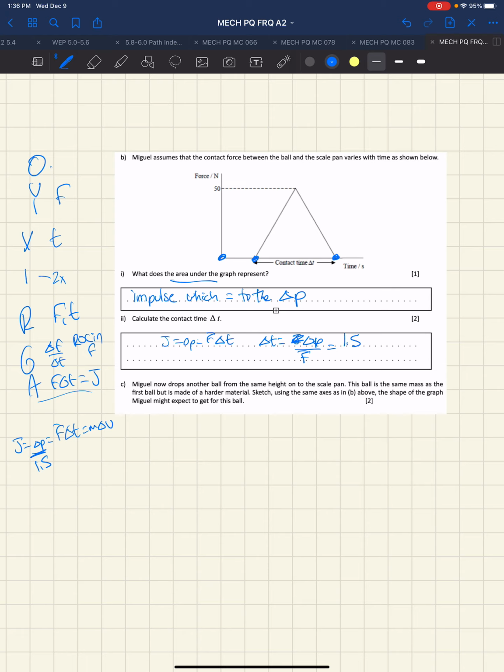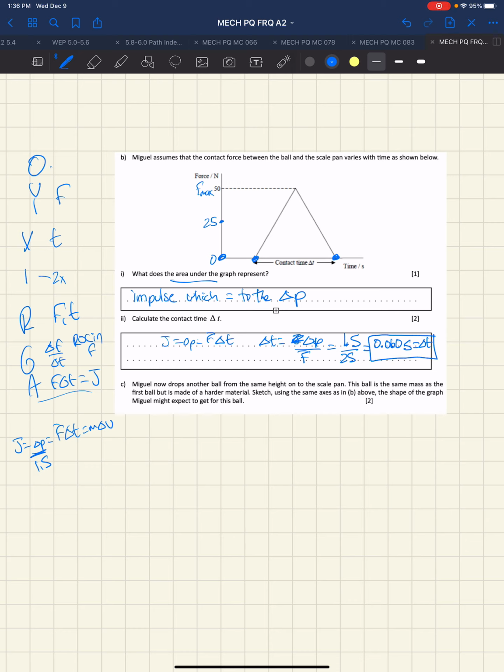Well, the average force in this case, the max is 50, the min is 0, so the average force is going to be 25. So 1.5 divided by 25 works out to be 0.060 seconds, and that is going to be the delta t.